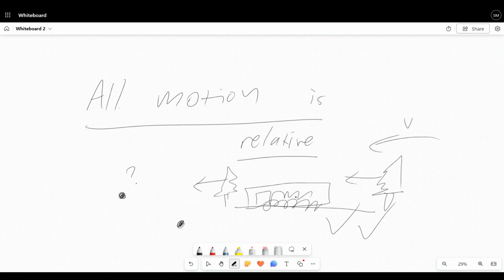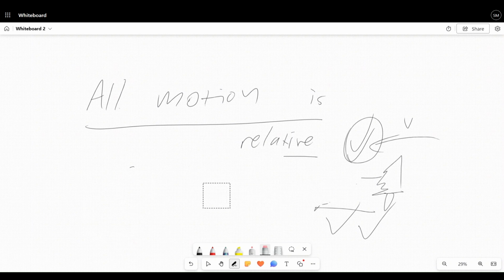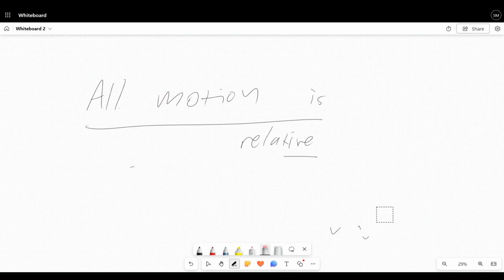You can say that the train is completely stationary and the entire world is what's moving backwards around you, and that's actually correct. That's a correct thing to say, and the reason why is because all motion is relative, right? There is no such thing as objective motion. There is nothing that says the train is what's actually moving forward.